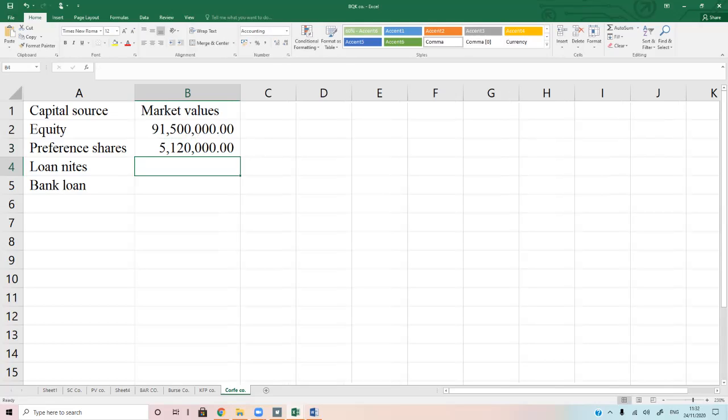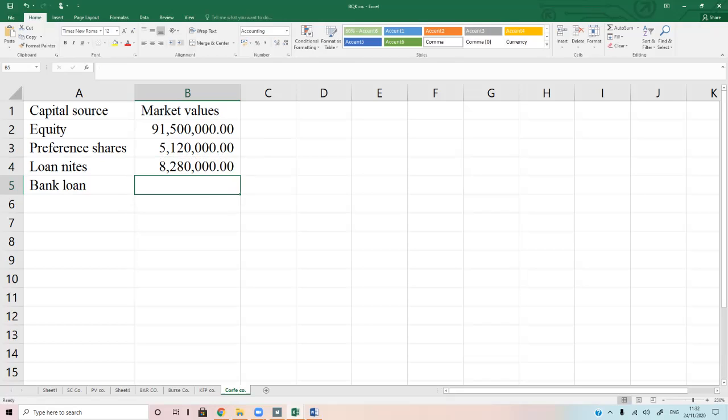Next is the bank notes. The nominal value of the note is 8 million. We multiply by the market value, divide by 100, which is 1.035, and you get 8,280,000 as the market value of the note.